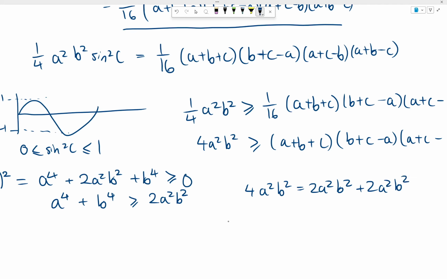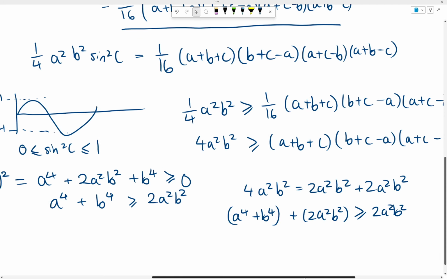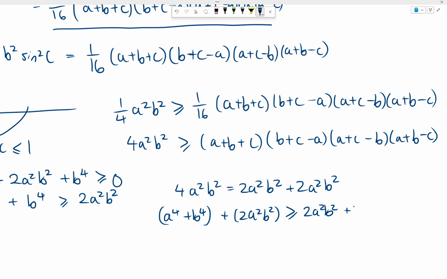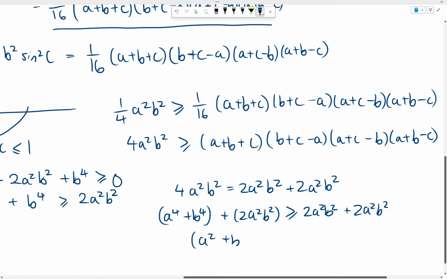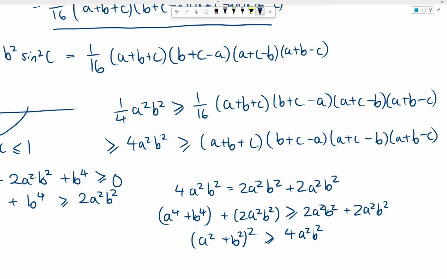But then in fact a to the 4 plus b to the 4 plus 2a squared b squared is greater than or equal to 2a squared b squared plus 2a squared b squared, and therefore (a squared plus b squared) all squared is greater than or equal to 4a squared b squared. So we get the final bit of the inequality which we were looking for, and we've done this case.